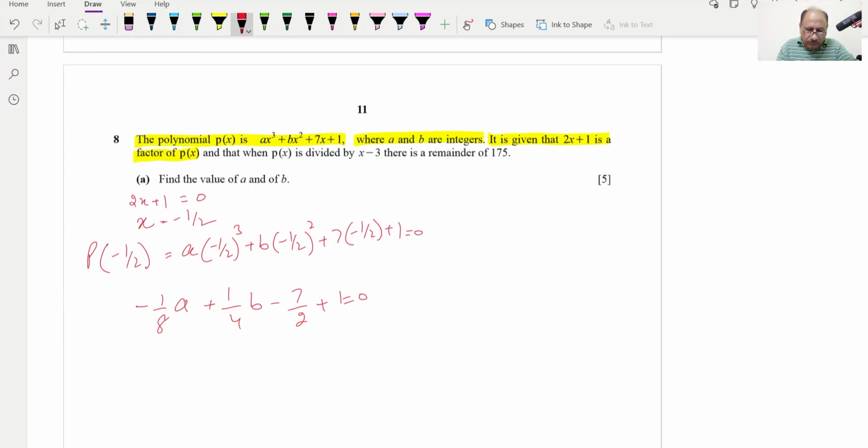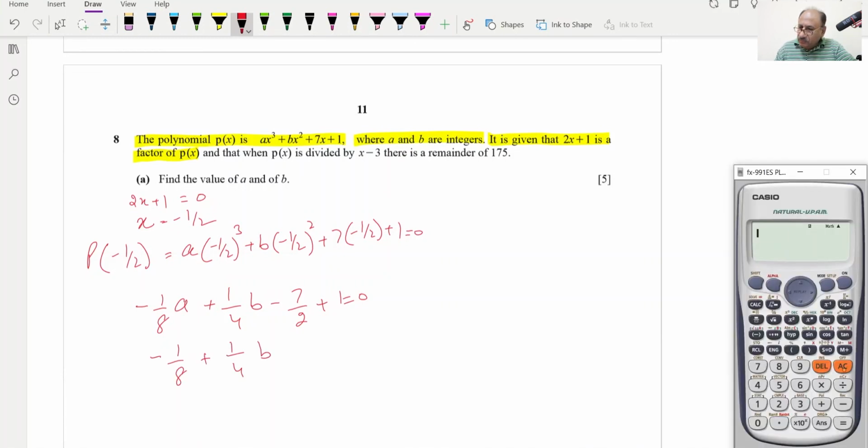Before multiplying everything by 8, we can simplify this section: minus 7 over 2 plus 1 is equal to minus 5 by 2.